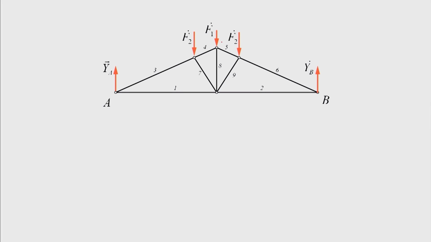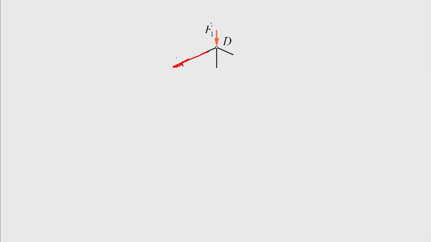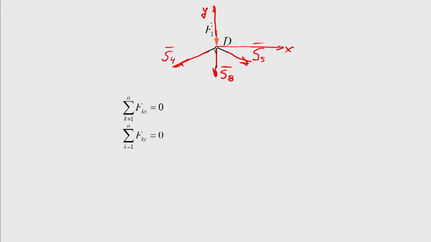Let us now leave out the joint D. We then illustrate the forces in the truss members, assuming them under tension. Let us introduce a reference system and for the resulted concurrent force system, write down an equilibrium equation.